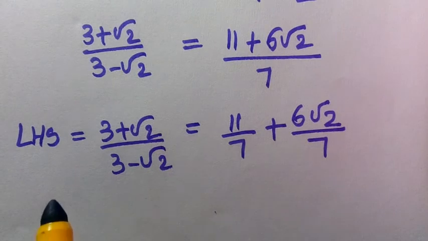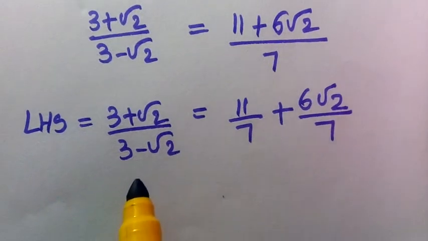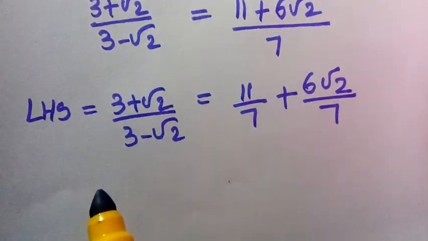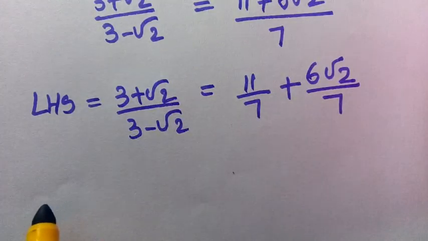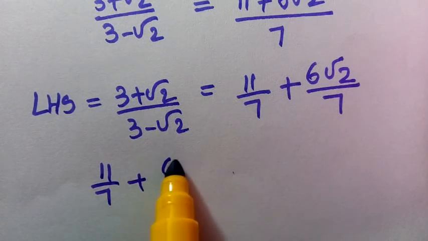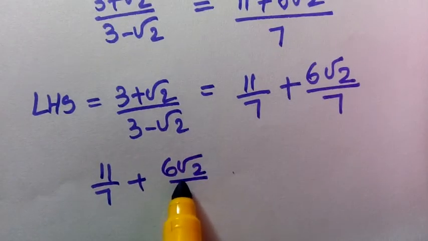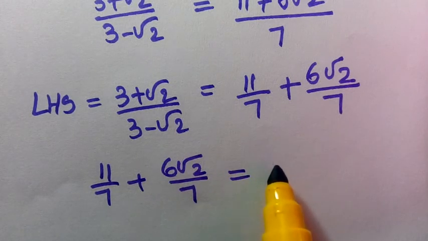Now we will equate the LHS and RHS. Already we discussed the RHS. RHS is a plus b root 2. Now we got the answer for LHS, so instead of (3 plus root 2) by (3 minus root 2), we are going to write 11 by 7 plus 6 root 2 by 7, which is equal to RHS.